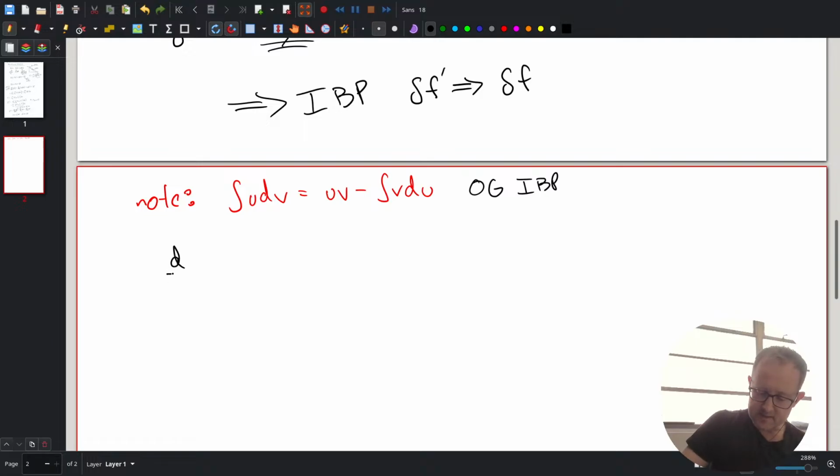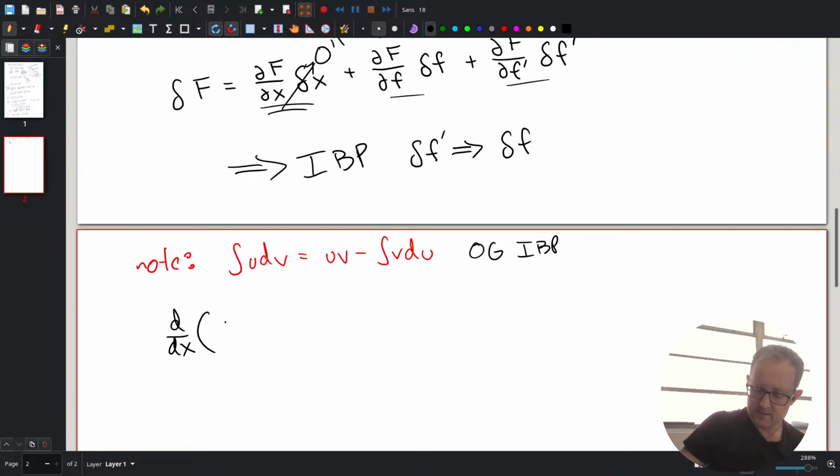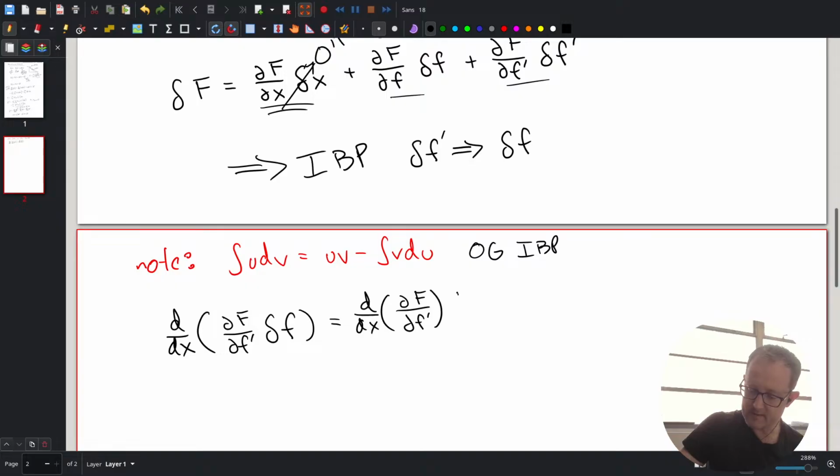So instead, let's do this. d/dx of the partial of f with respect to f prime times delta f equals a d/dx of df prime times delta f, plus the df prime delta f prime.